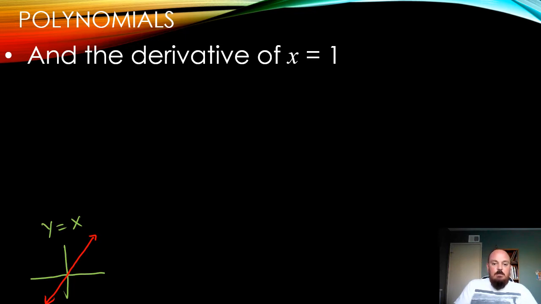Again, I pick a point anywhere on that. If I ask you to draw the tangent line, it is the line itself, and the slope of that is 1. So the derivative of x is always 1.